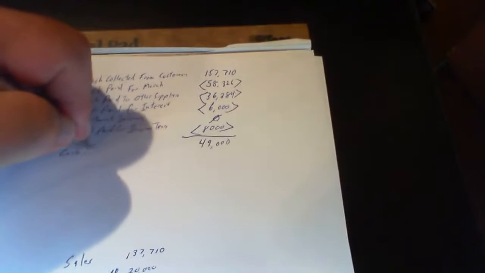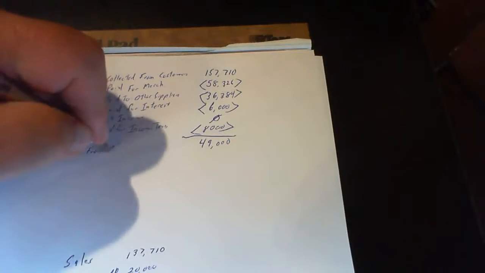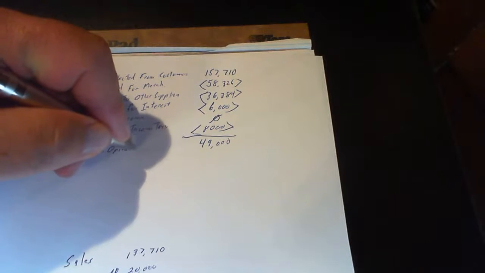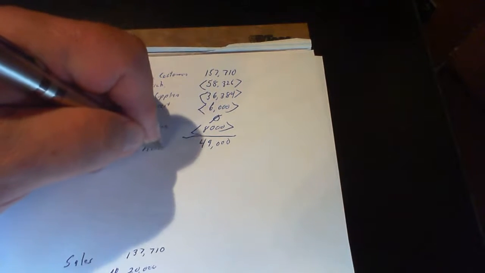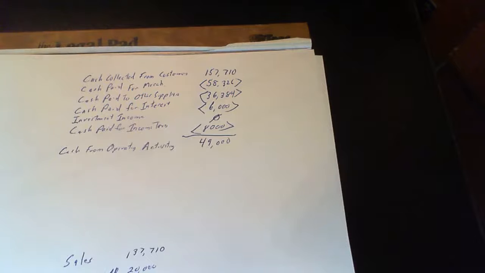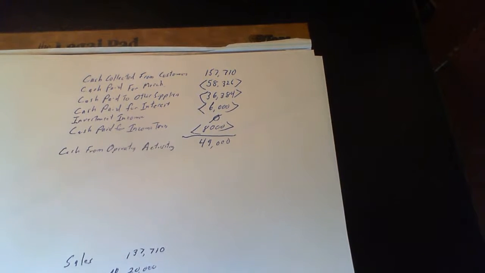So that's cash from operating activities. So there is an example of the direct method, and that is exercise 22-12.